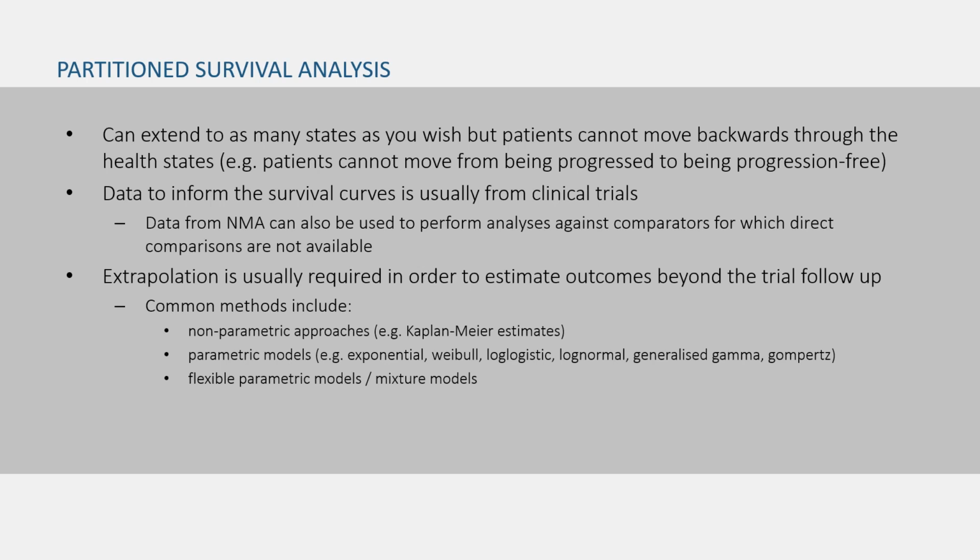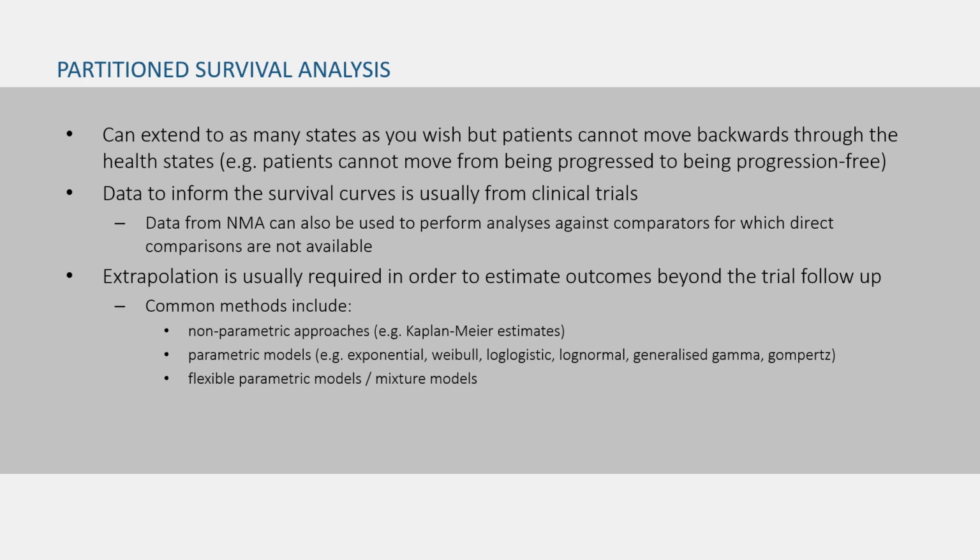One of the key aspects of a partition survival analysis is that you need to extrapolate beyond the trial follow-up. You'll see why this is important later in the presentation, but I will just cover a few of the methods, not in detail, just to give you an overview. Common methods for the extrapolation include non-parametric approaches, which would be to use Kaplan-Meier data directly from your trial.